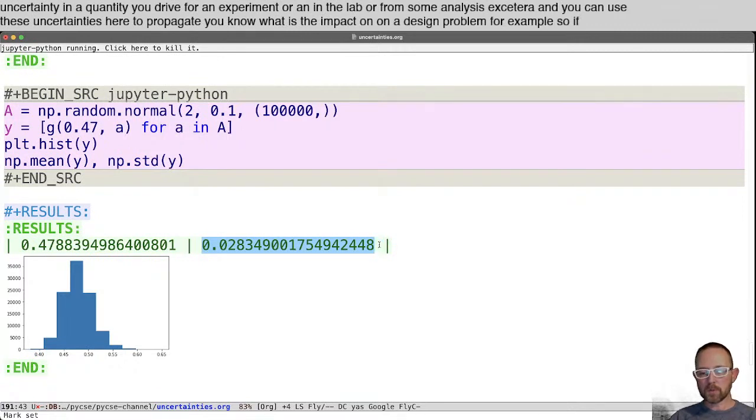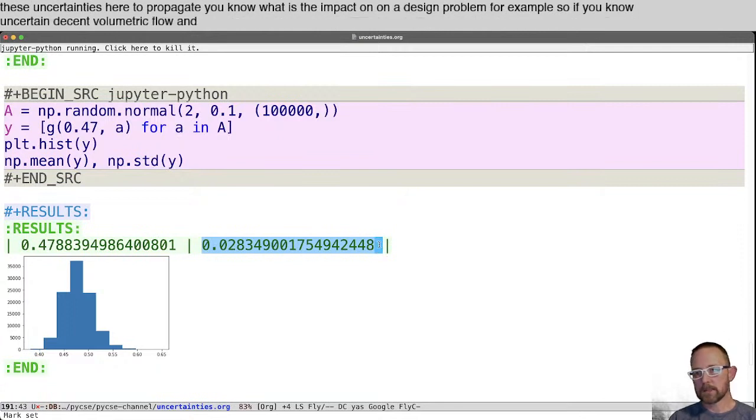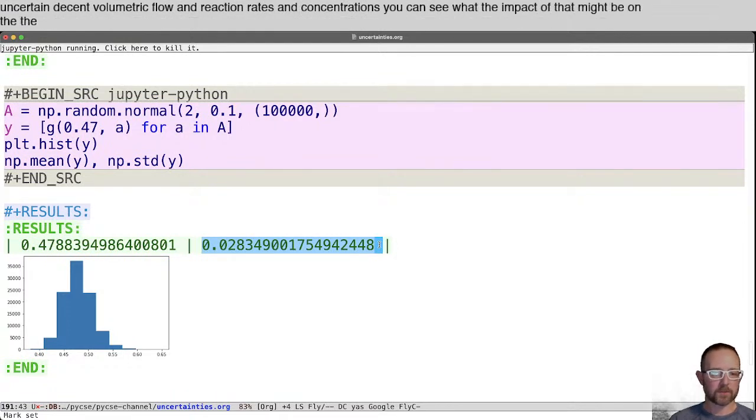So if you know uncertainties in volumetric flow and reaction rates and concentrations, you can see what the impact of that might be on the volume of a reactor that you would calculate.